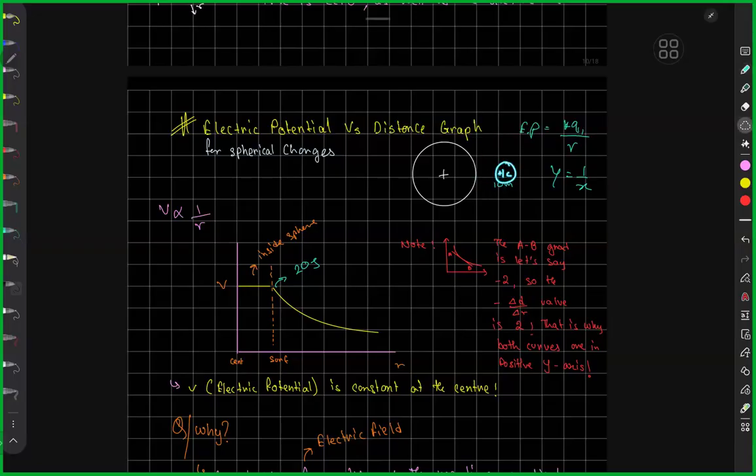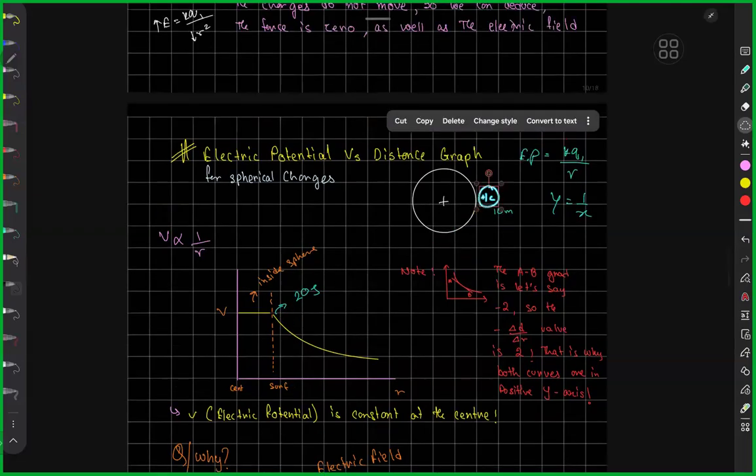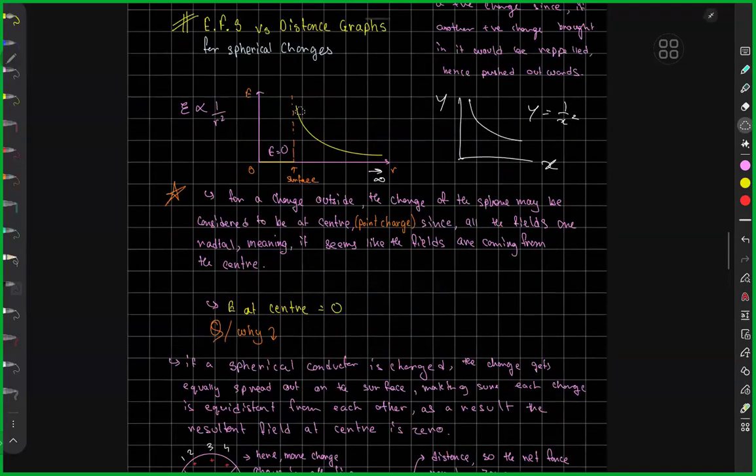And what do we know? From infinity to the surface, I face a certain amount of force. Until this surface, I feel the maximum amount of force. That is this amount. So basically, this space under the curve represents the work done.